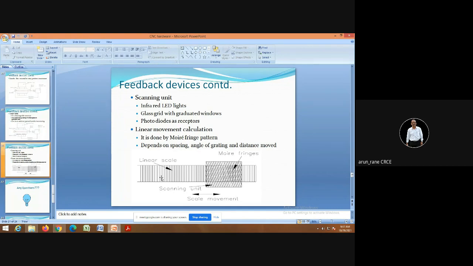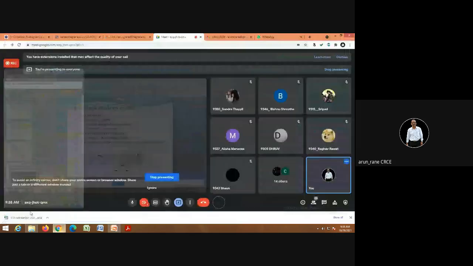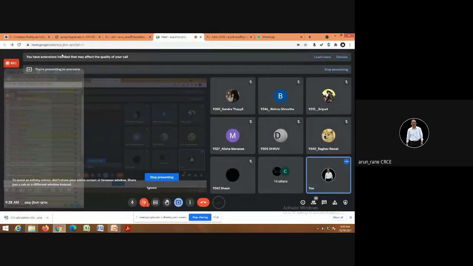And it will also not be asked in the examination. But you just remember, there is something called the encoder, something called glass scales, and so on. So let's move on to the next topic.